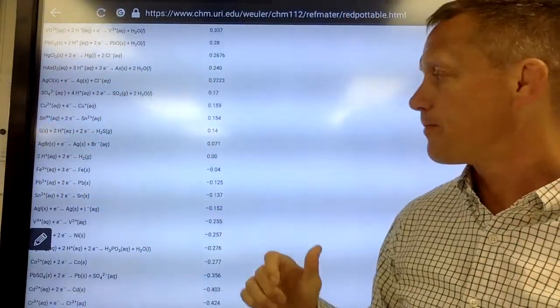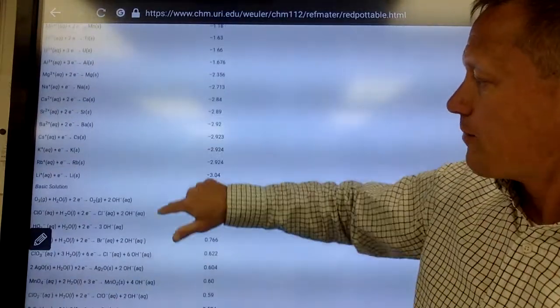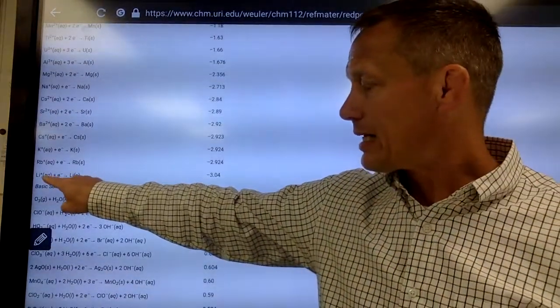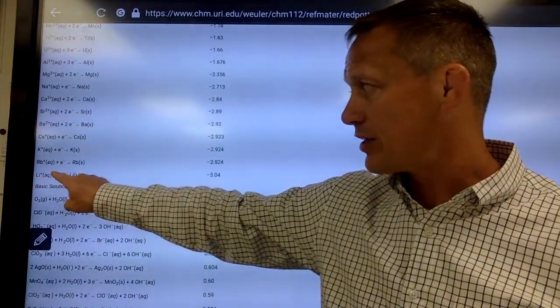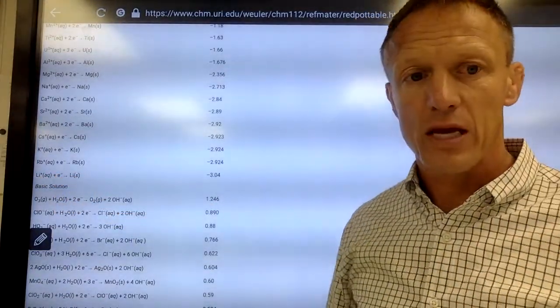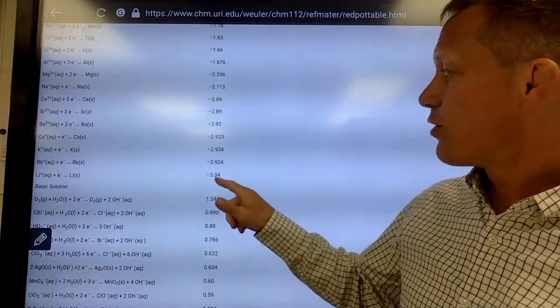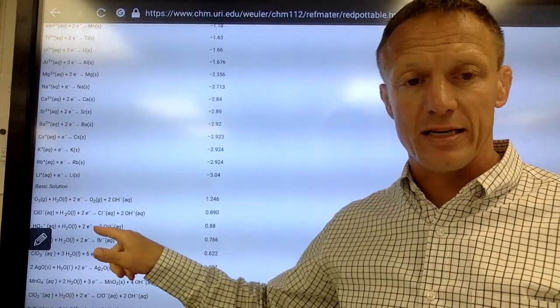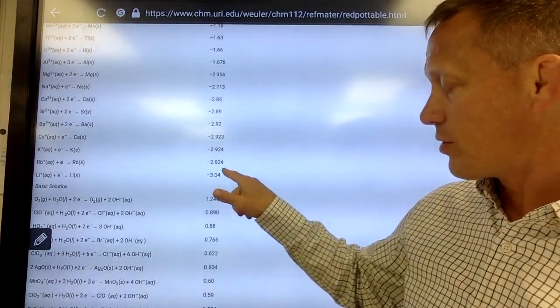This way is reduction. So as we go down here and look at lithium, it has the worst ability to be reduced. A lithium ion does not want to gain an electron and become solid lithium again. It'd much rather be a lithium ion. It wants to get rid of its electron. In other words, it has the best ability to be oxidized. It has an oxidation potential of positive 3.04 volts.